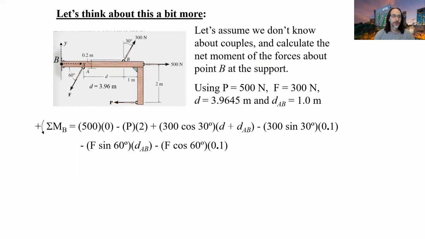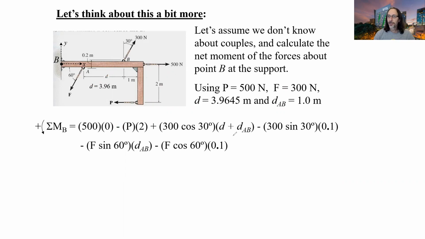And it's tending to rotate around in this direction about point B. We've defined anti-clockwise as positive, so that's why we have a negative here.